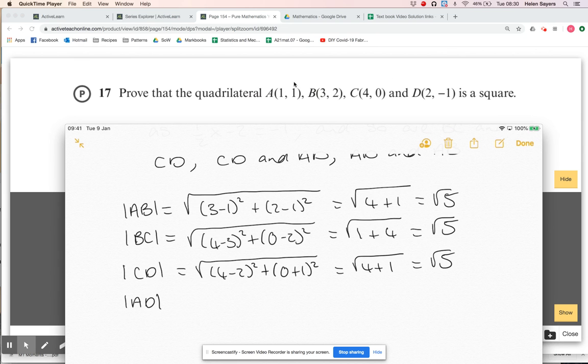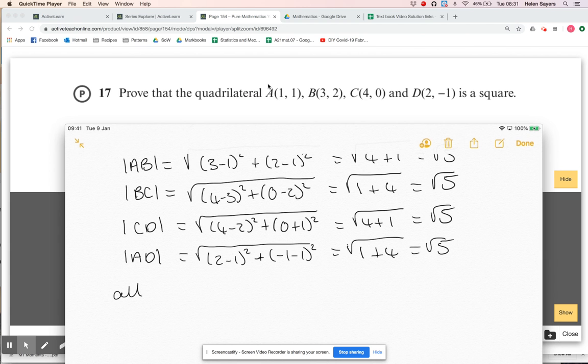So the distance between A and D is going to be the square root of 2 minus 1 all squared plus -1 all squared. So again, root 5. So what we've shown there is all 4 sides are the same length.